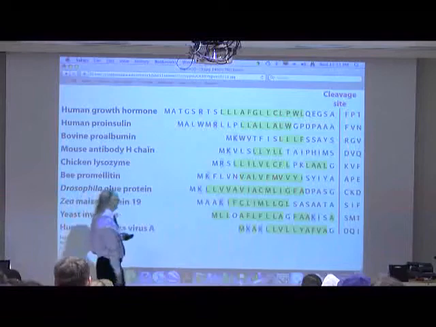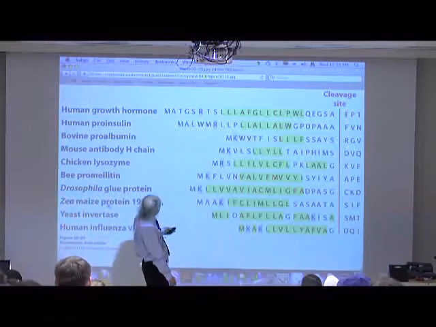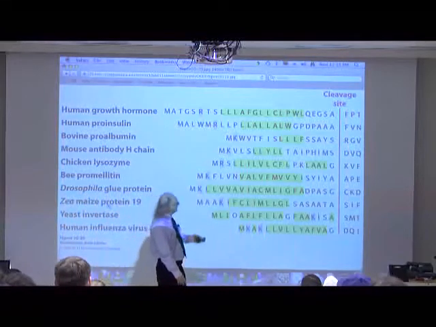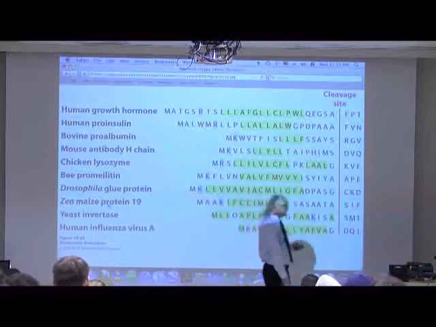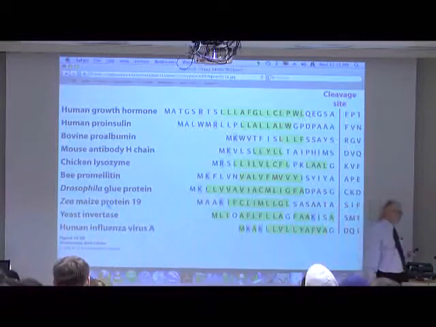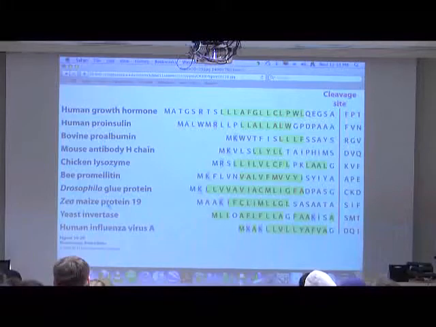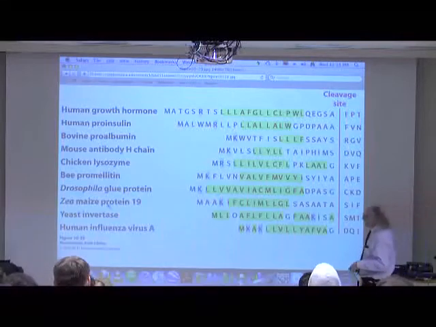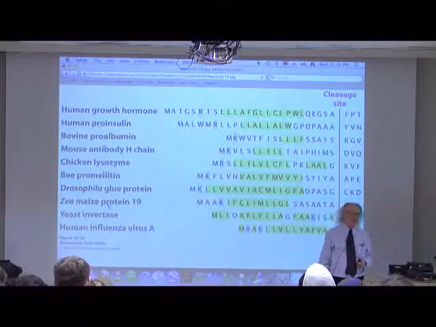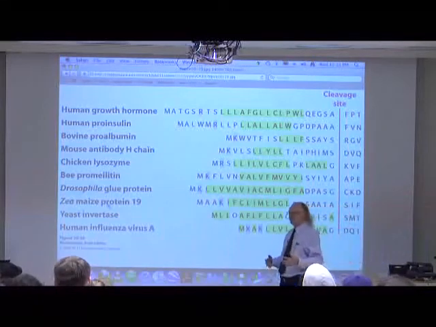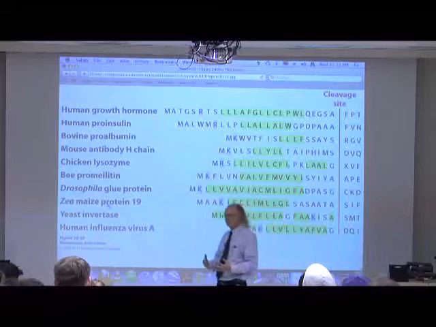Okay? A signal sequence. There are several signal sequences that are shown here. The signal sequence is near the amino terminus of the protein. And as you can see, it's not a very specific sequence. There's quite a bit of variation in what those signal sequences are. But the common thing that they have is that this signal sequence is composed of amino acids that are fairly hydrophobic.